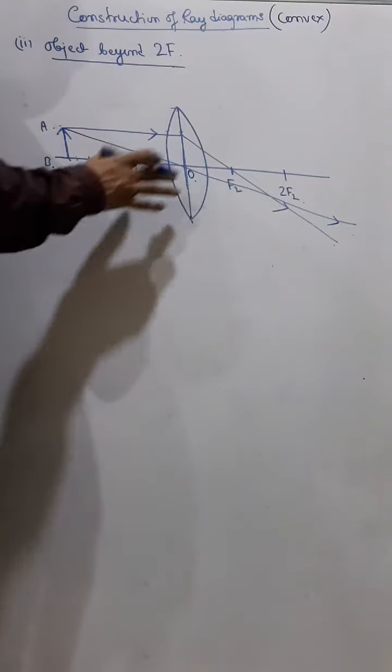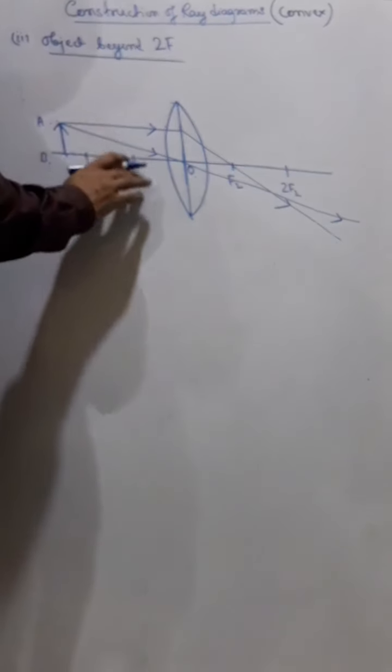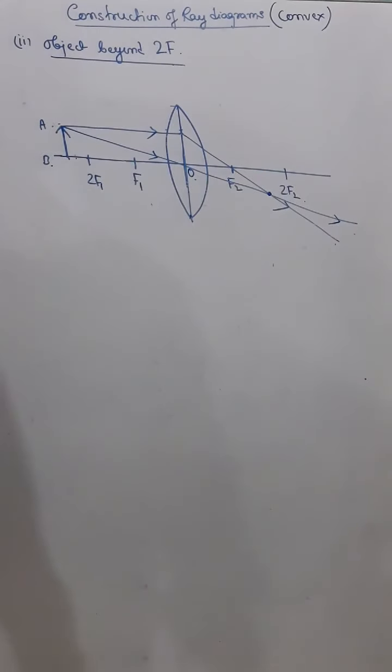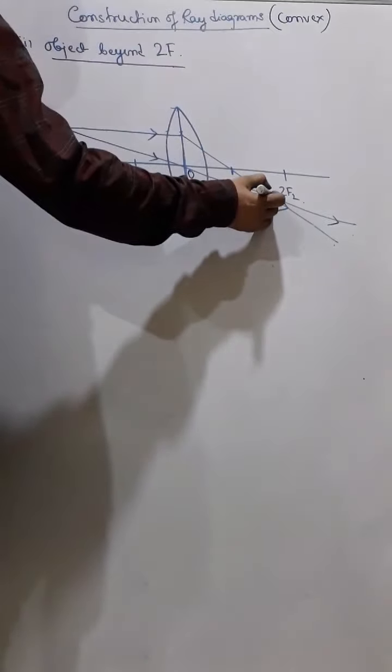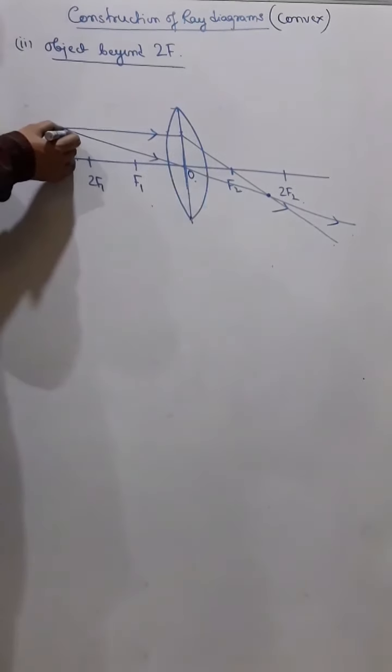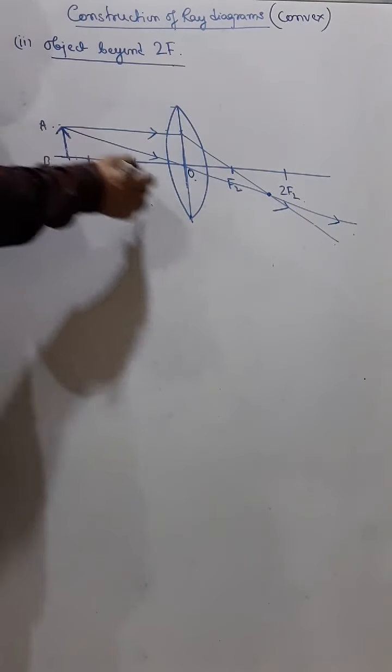So if you do your ray diagram accurately, then you will get the accurate position. So this is the position of the image. So draw the image, and wherever the rays of light meet, that will be the head of the image. So this is the arrowhead. So the image will be like this. Okay, so this is A dash and this is B dash.